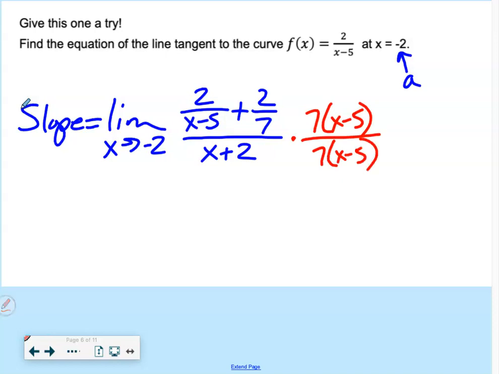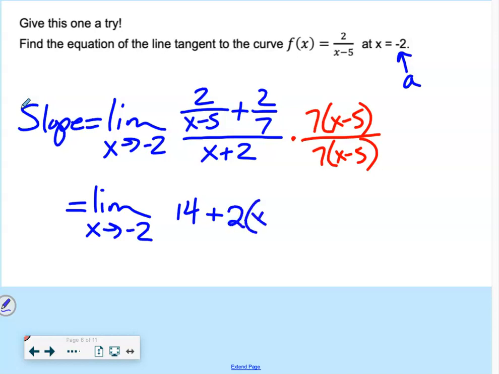First I'm rewriting my limit statement. 2 over x minus 5 times 7 times x minus 5: the x minus 5's cancel, and I'm left with 2 times 7, which is 14. Here, 2/7 times 7 times x minus 5, the 7's cancel, and I'm left with 2 times x minus 5.